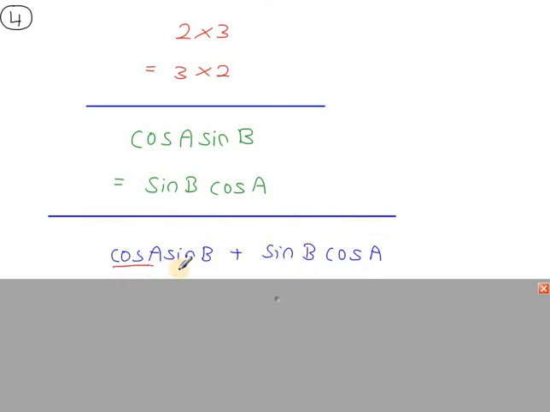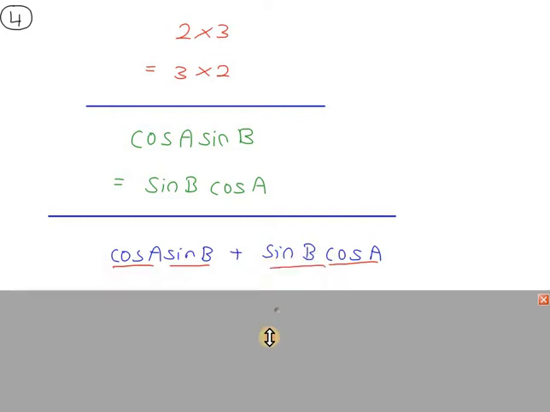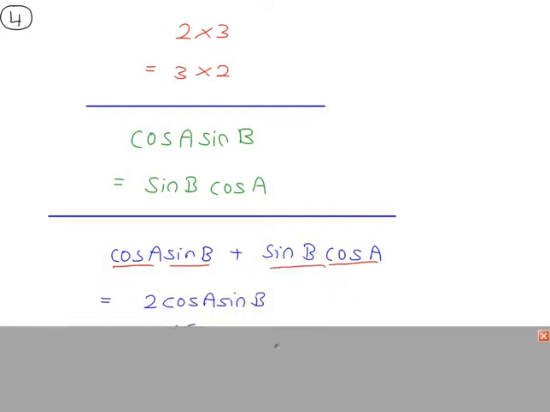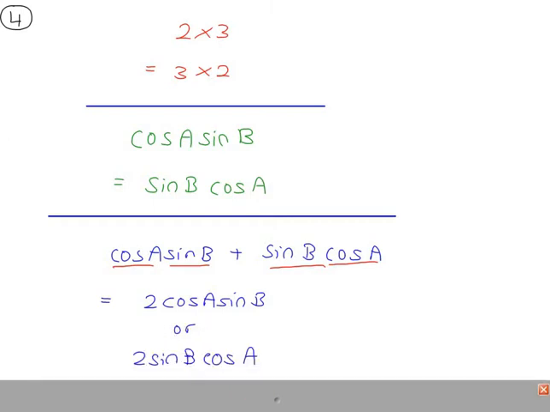That's a cos A. There you go, cos A times, we're multiplying by sine B, I'm multiplying by sine B here as well. So I could write it as 2 lots of cos A sine B, or 2 lots of sine B times cos A. These are exactly the same.